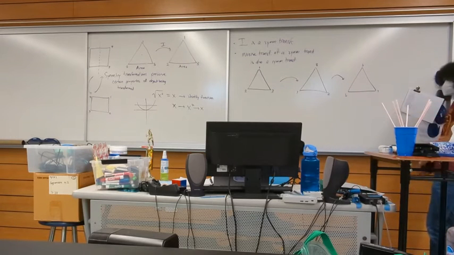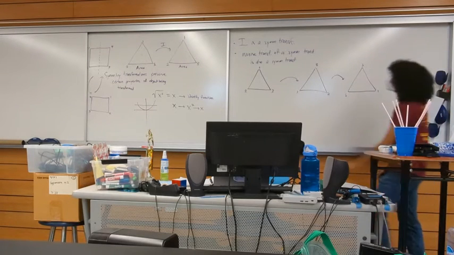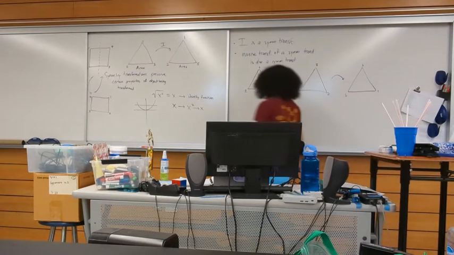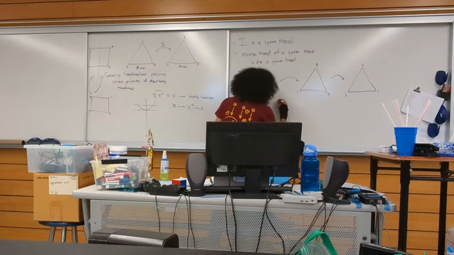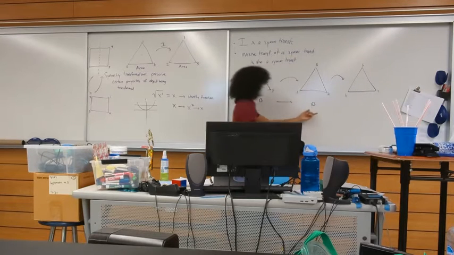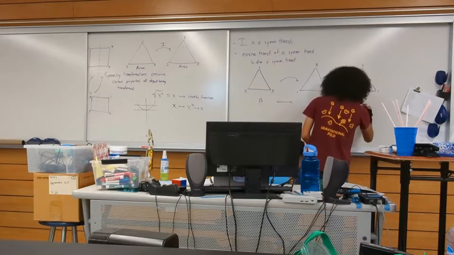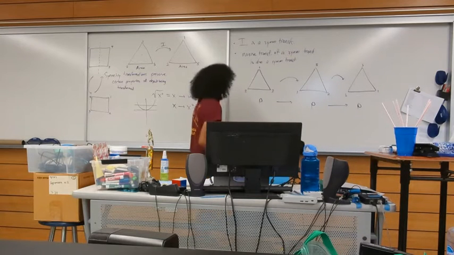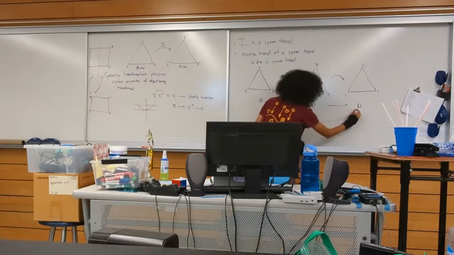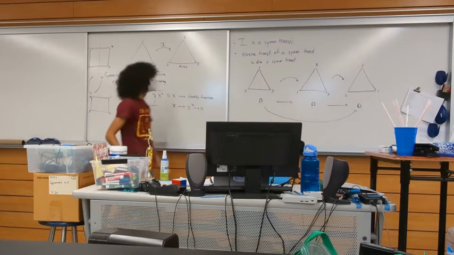And if I do this, and it doesn't matter how many I do, if each one is a symmetry transformation, then all the properties that we care about will be preserved. It doesn't change, and then here, it also doesn't change. So in the end, the property doesn't change. Okay?